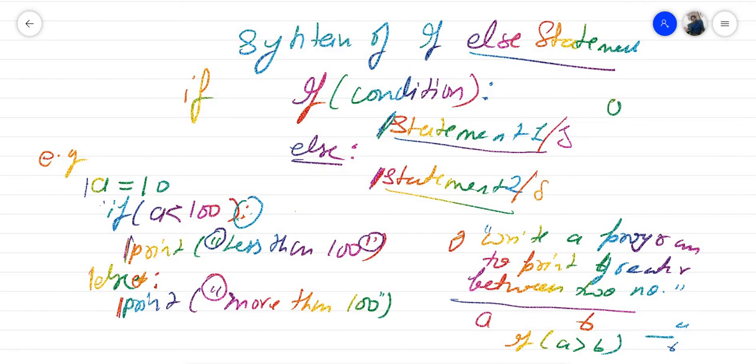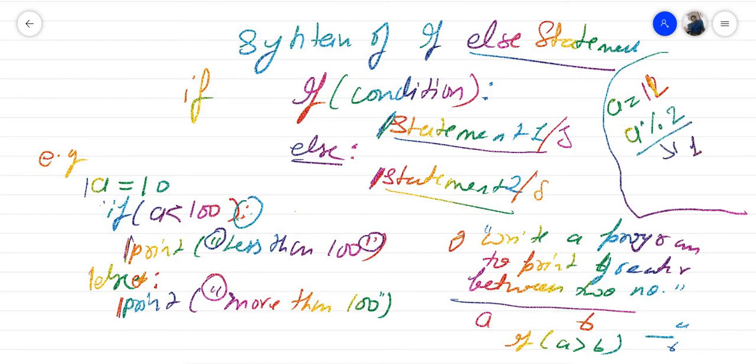If I write a is equal to 12, check whether the number is even or odd, or 11. If a is equal to 11 and I divide a by 2, the remainder will be 1. That means 11 is not completely divisible by 2, so it is an odd number. If the number is 12, the remainder is 0, that's why it will be an even number.